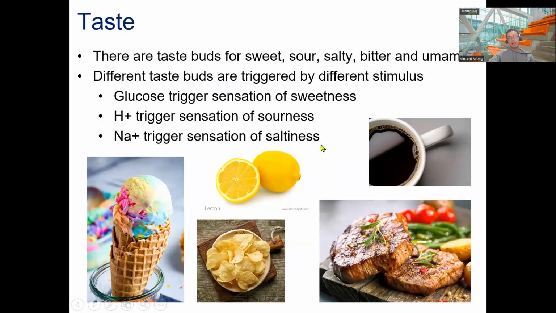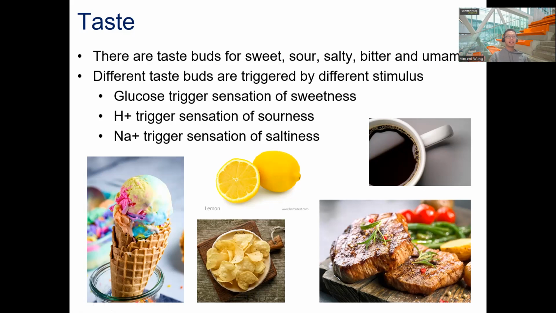Bitter is a range of things, but sometimes things that are basic, the opposite of acidic, can trigger some kind of bitterness sensation. Coffee has a bitter taste to it, and Brussels sprouts have a bitter taste to it. Savory triggers the umami feeling, which is actually triggered by the presence of glutamic acid.